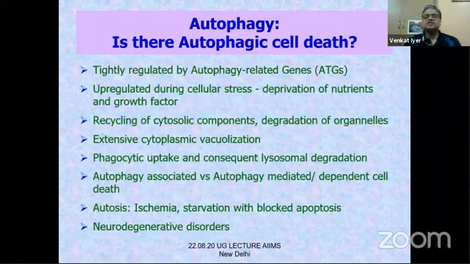So, whenever there is stress in the cell, these ATGs are going to be expressed and autophagic processes are going to be there. Is it just a bystander? Is it just associated with autophagy? Or is it mediated by autophagy? In mammalian cells, we are not sure. In plant cells, autophagic cell death is an important type of cell death, and so it is in certain other situations, but not probably in mammals.